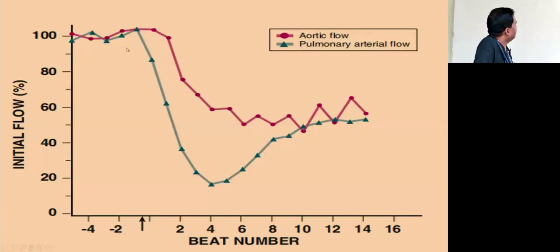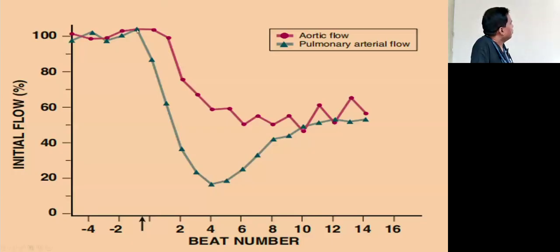This is an experiment which they did. The red one is the aortic flow, and the green one is the pulmonary arterial flow. They did this in a dog. In the initial part, the pulmonary arterial flow and the aortic flow are both almost aligning together. Then they instilled fluid into the pericardial cavity of the dog.